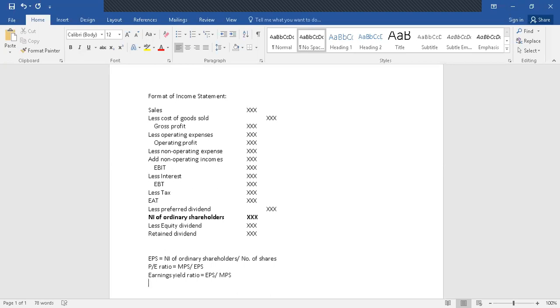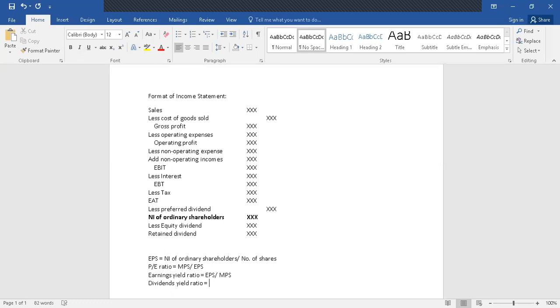Now, we are not asked about the earnings yield ratio, we are asked about the dividend yield ratio. Availability of earnings is one thing, and how much is paid to them is also one thing. Shareholders would be satisfied if they are paid dividends in the current period. If they are not paid dividends in spite of profits being available, that can cause some dissatisfaction among the shareholders.